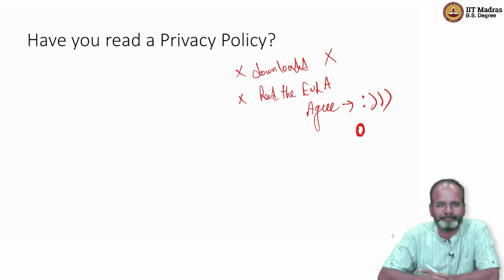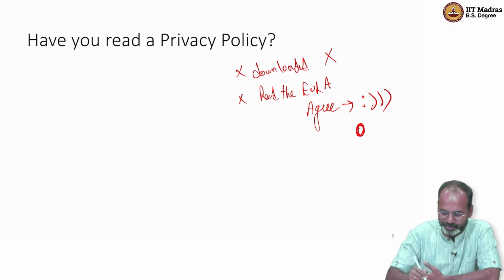Similar thing with privacy. The number of privacy policies that you must have read in the last 6 months, or 2 months, or even the last 1 year, will be close to 0.